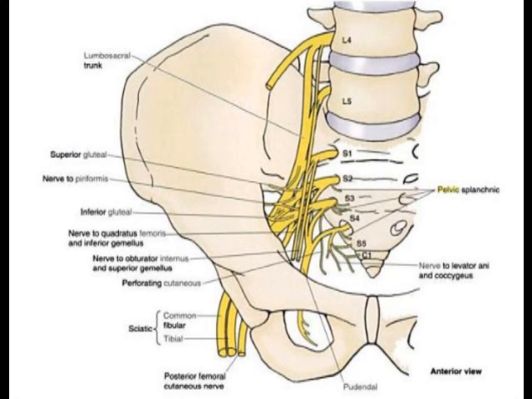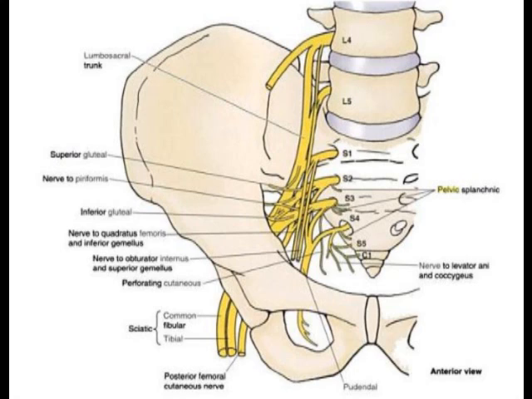You can also see the inferior, or basically the lower gluteal portion of the pudendal nerve. And you can see the S1, S2, S3, S4, S5, and the middle part where the sacrum is.